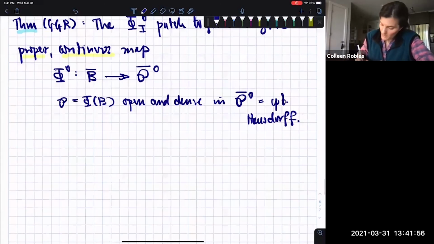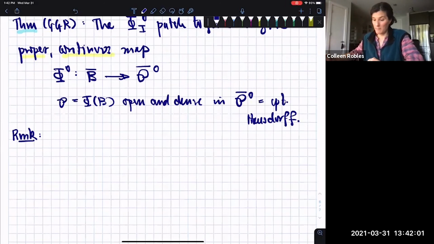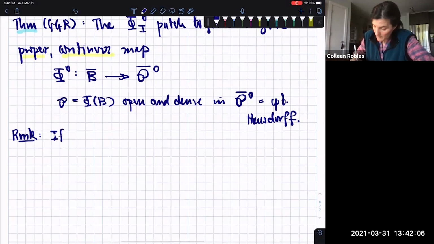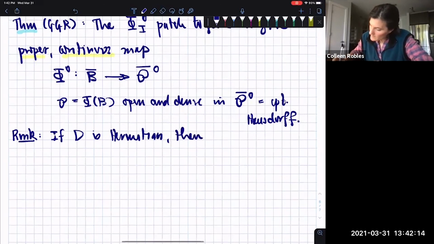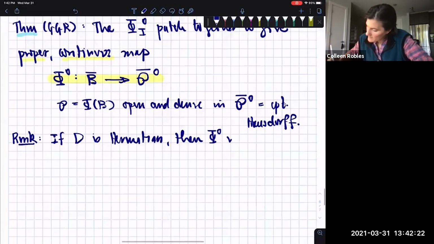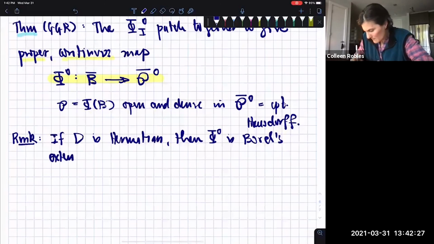Okay, so in special cases, the situation is a little bit better than this suggests. So first, if D is Hermitian, then this map phi naught up here, this is Borel's extension of the period map.